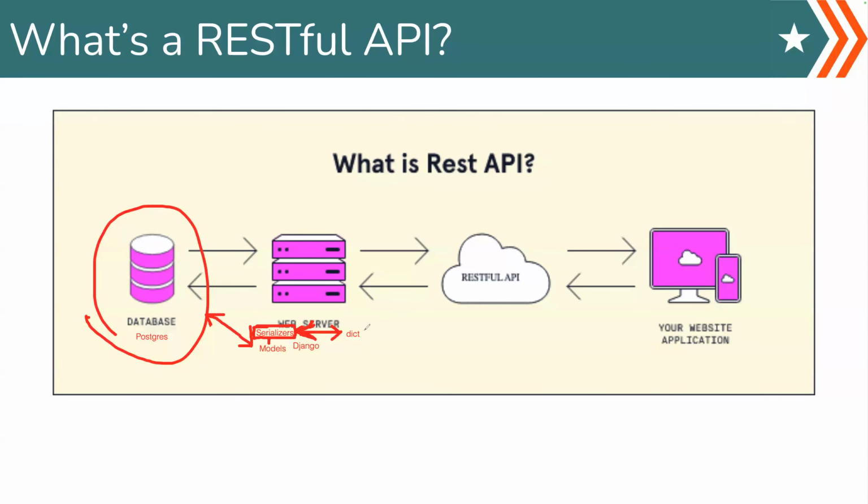And once I have a dictionary, we turn it into JSON, which is what we're going to be talking about now, and we send it over to the web application. This RESTful API is all part of Django as well. The RESTful API is all of the URLs and the paths and the routes that we create in our Django web server, and the pattern that we use, and then our web application talks to them.